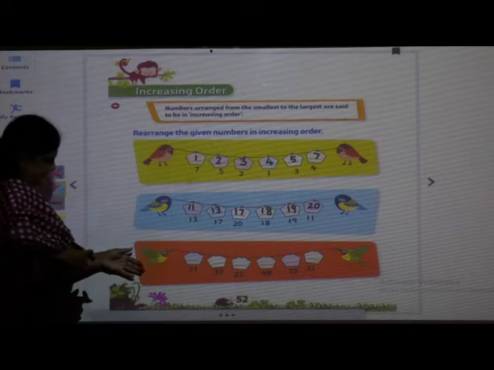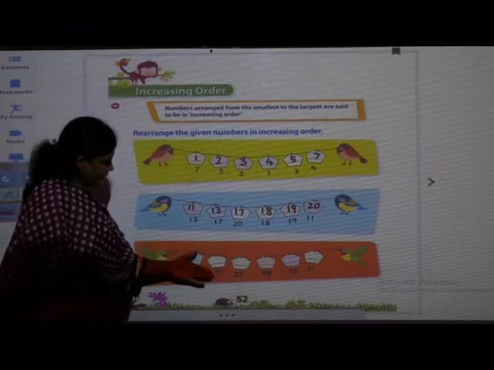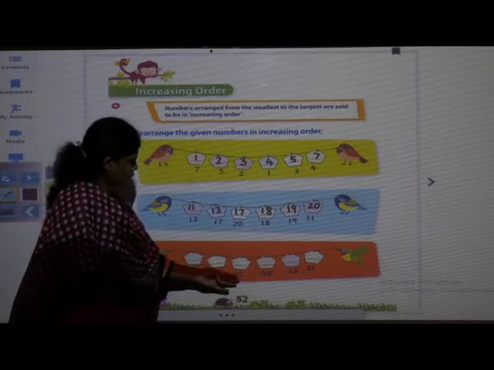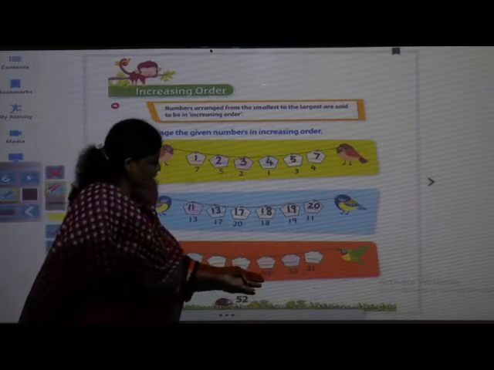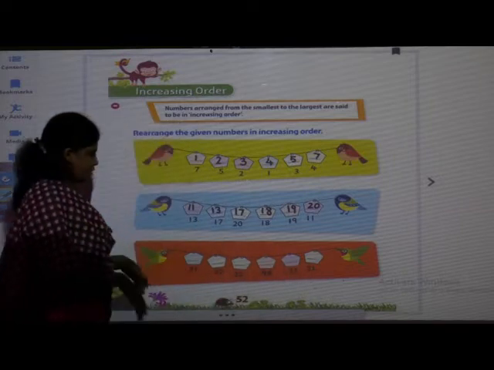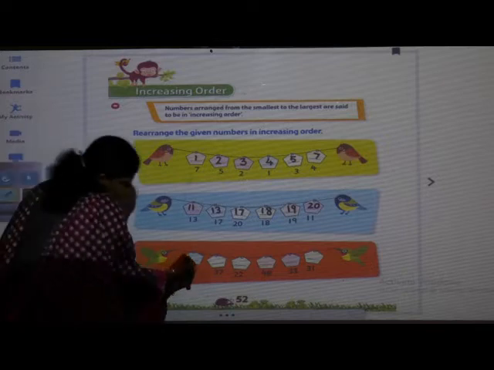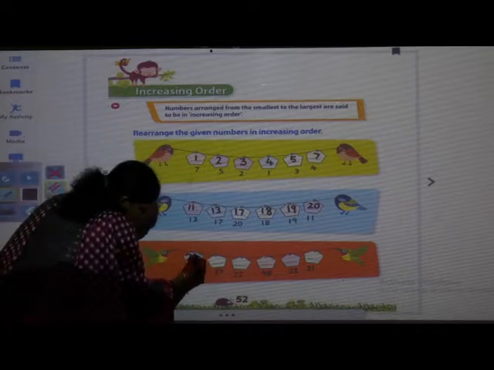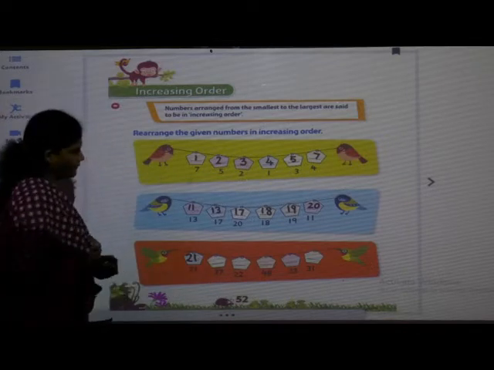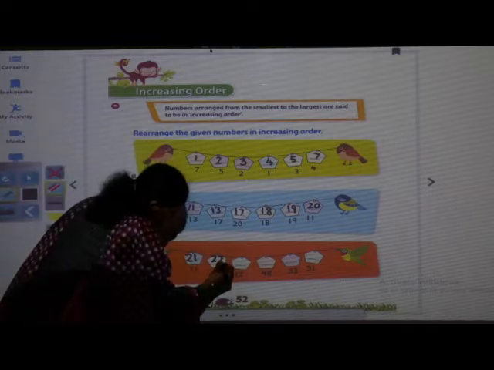So here next. See the numbers 21, 37, 22, 48, 33, 31. So here which is the smallest number? Yes, 21 is the smallest number. After that, which number will come? 22. Yes, very good.